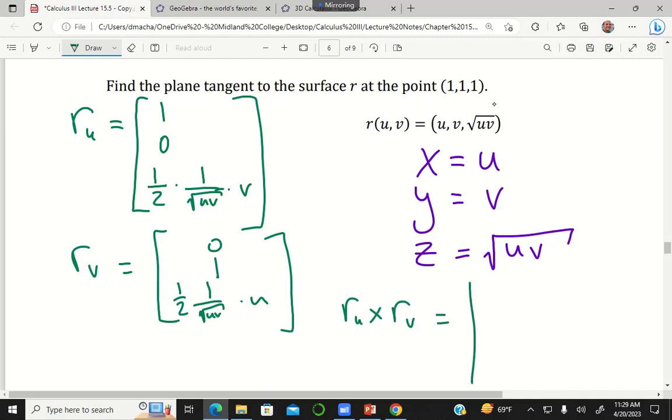is equal to the determinant of this 3 by 3 matrix-looking thing, where in the first row I could put i, j, k, in the next row 1, 0, and then v over 2 square root uv. And then in the last row I can put 0, 1, u over 2 square root uv.